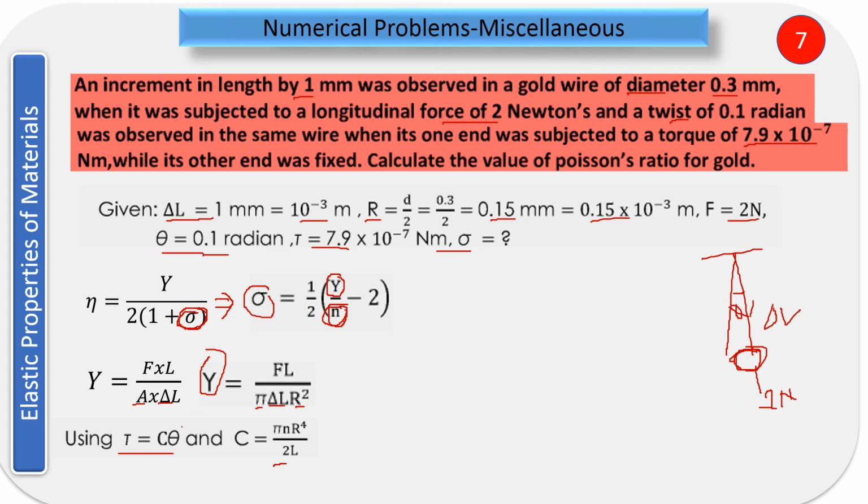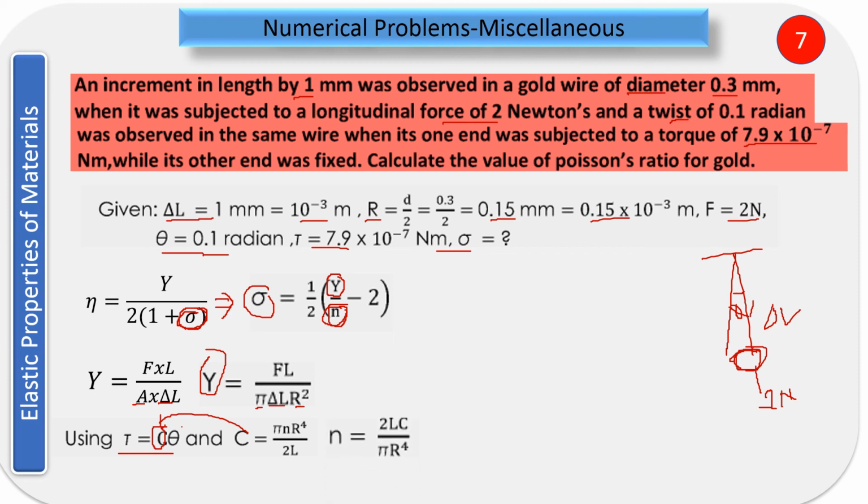Here I require to substitute the value of c, and then rearrange because tau is given, and then find out the value of eta, this modulus of rigidity. So you just require to rearrange these two equations, tau equals c into theta and c equals pi eta r to the power 4 upon 2l, and from rearranging you find out the value of eta.